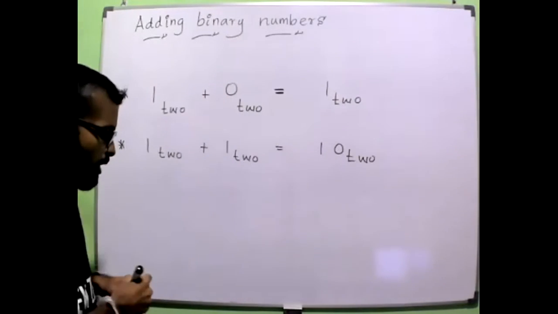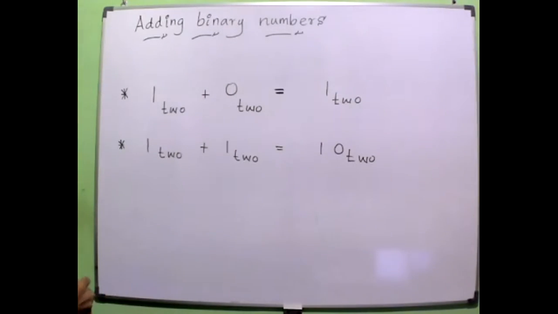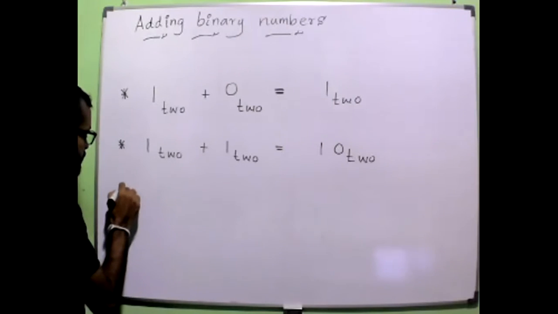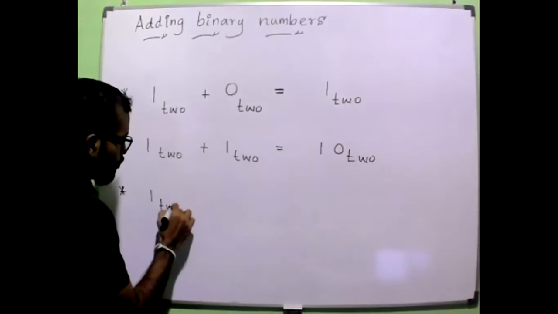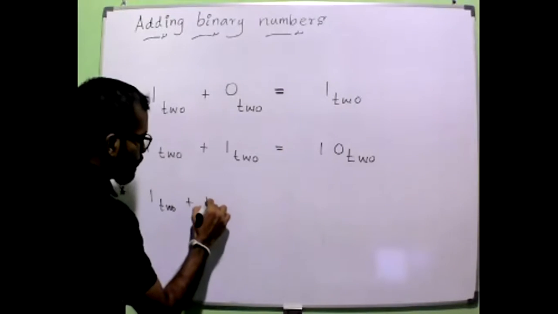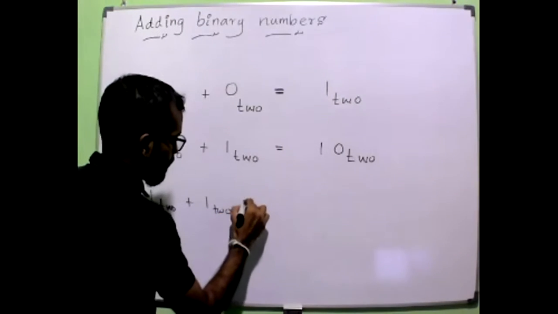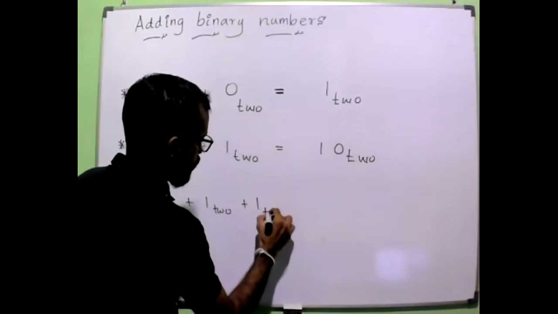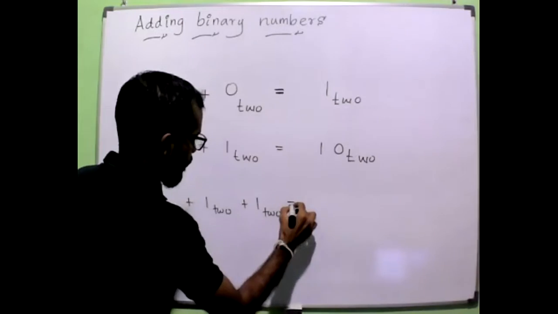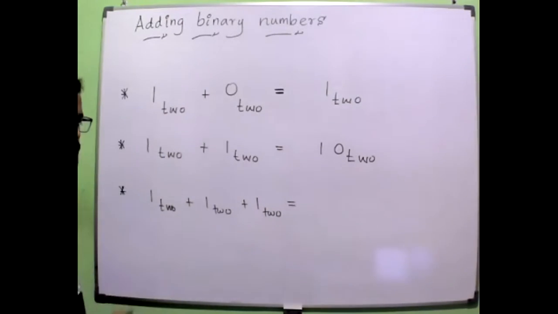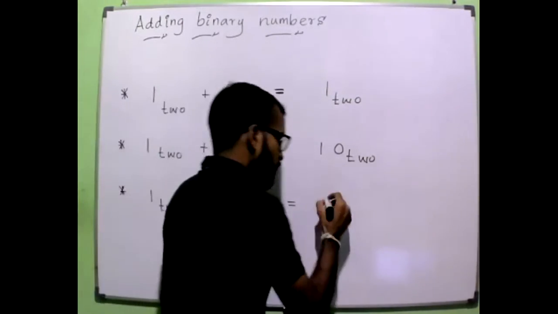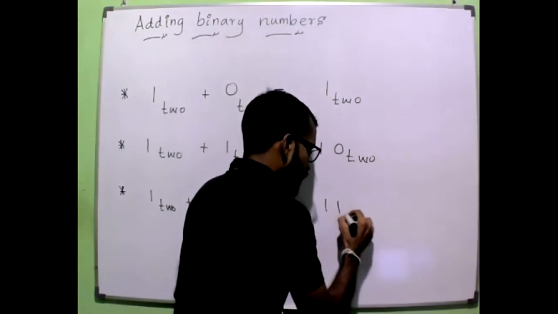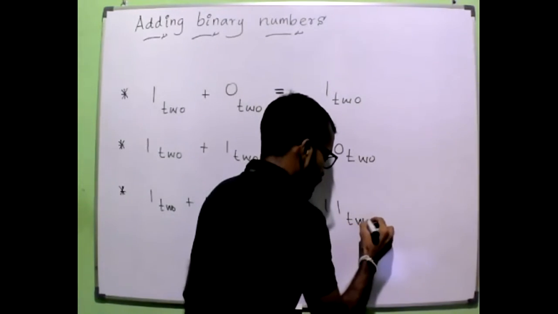And if you see something like this, what happens? 1 base 2 plus 1 base 2 plus 1 base 2. What could the answer be? The answer is 1 1 base 2.